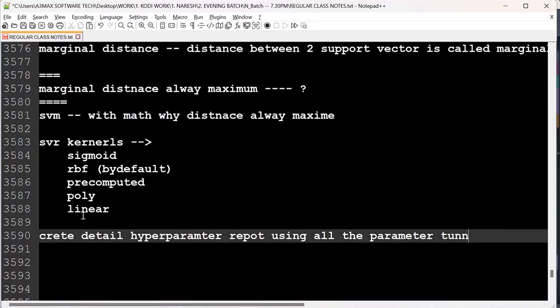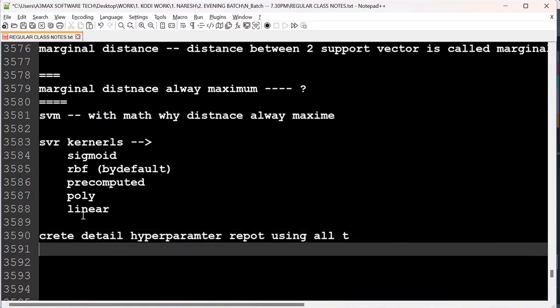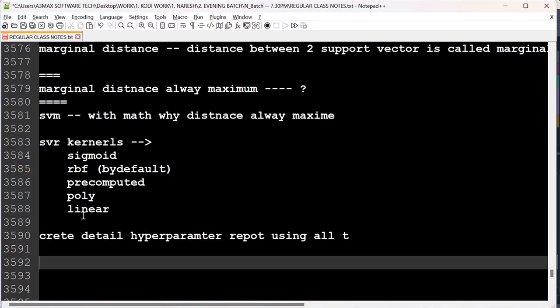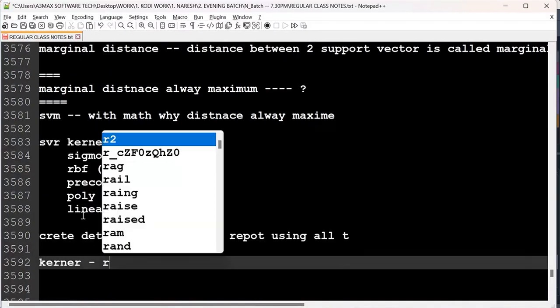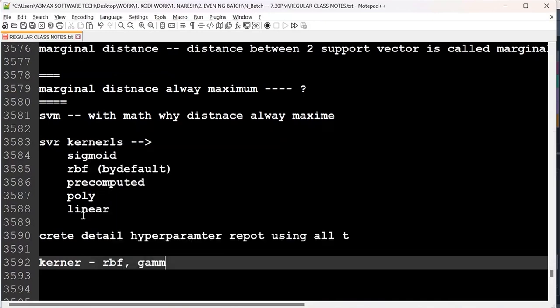So a detailed report means multiple people got multiple responses. Please mention the kernel, RBF, and gamma value scale, and how much score I got; let's say my model accuracy is 130K, correct?